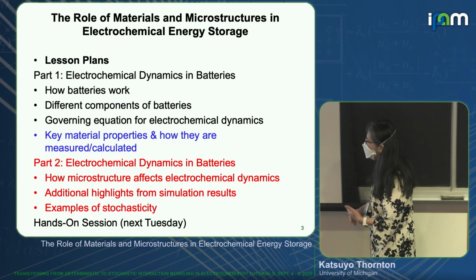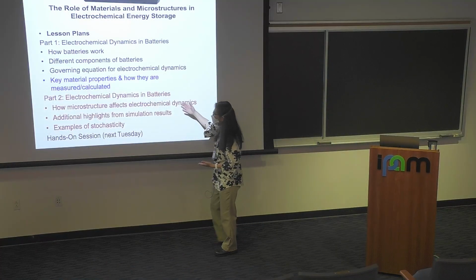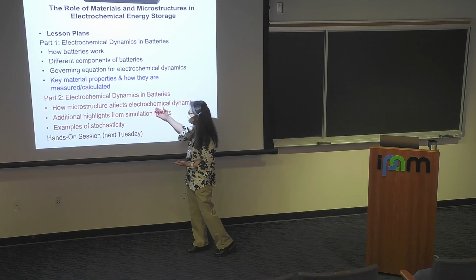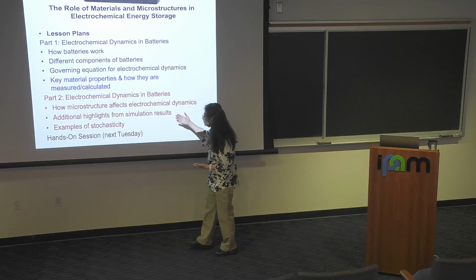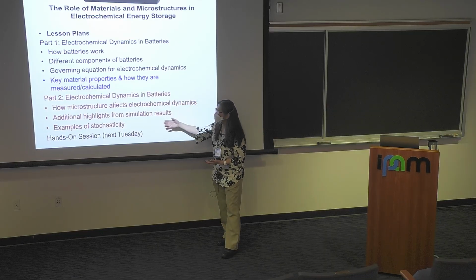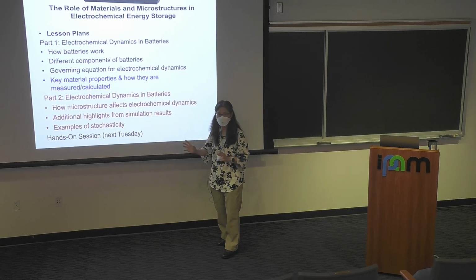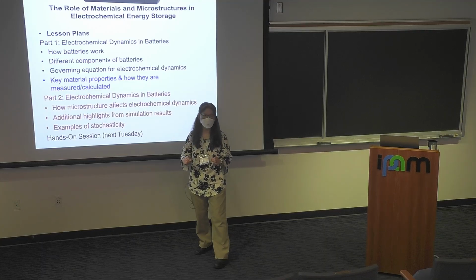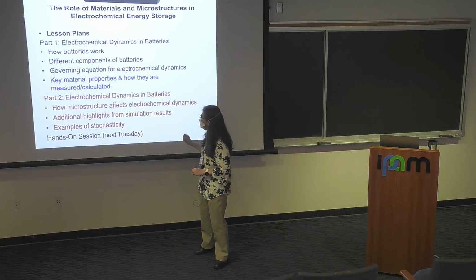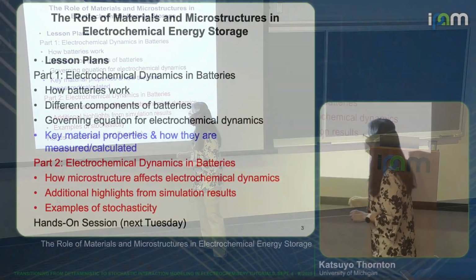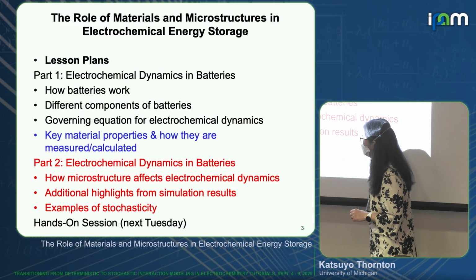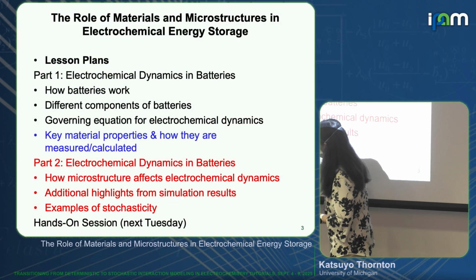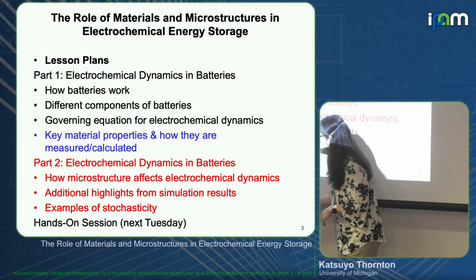But where we are going today is how microstructure affects electrochemical dynamics, and some highlights from simulations that actually demonstrate that electrochemical systems tend to amplify the stochasticity in microstructures, and talk more about that.